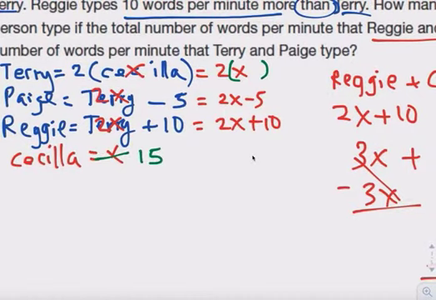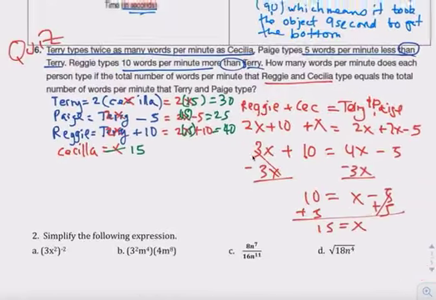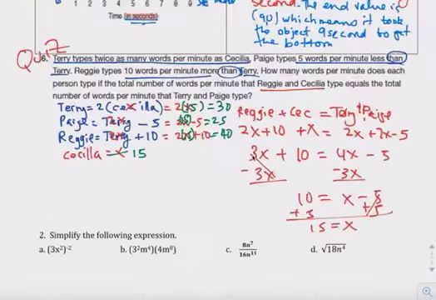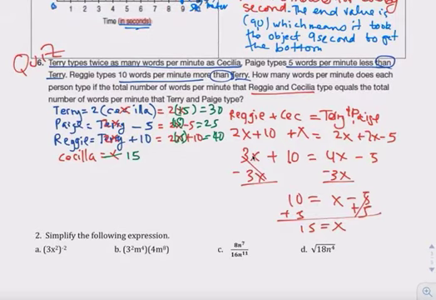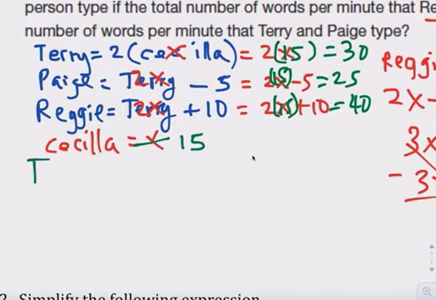Terry is 2 times 15, which makes it 30. Paige is 2 times 15 minus 5, which is 25. Reggie is 2 times 15 makes 30 plus 10, which is 40. Okay, so how much can each type?